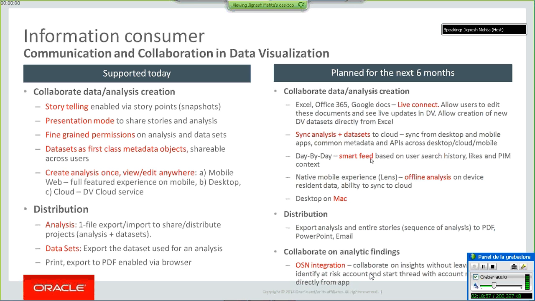I mentioned the Day by Day mobile device. This is a smart feed based on user search history or interaction with analytics. The Day by Day mobile app is really geared towards how you use analytics on a day-to-day basis, and the system and the app will learn your interaction with analytics and start proactively recommending or sending you the analytics metrics and reports that will be meaningful to you, right?